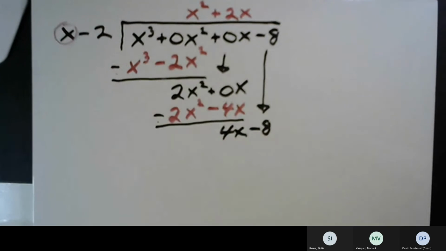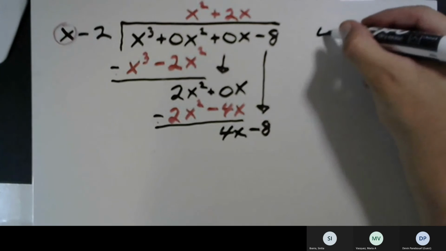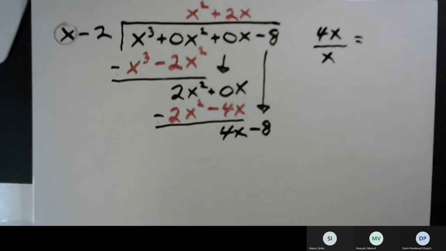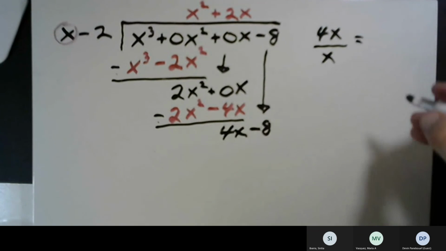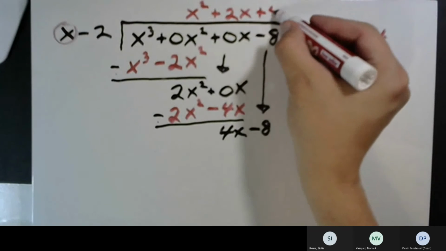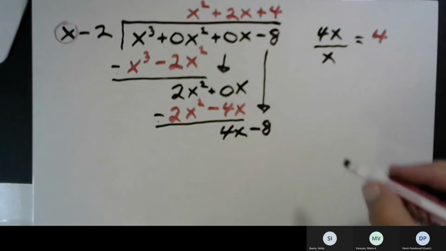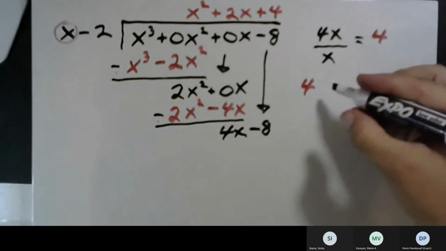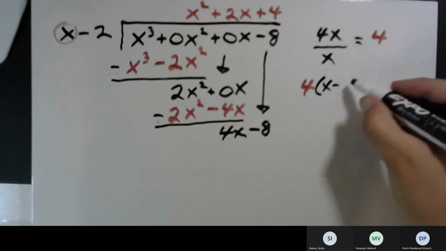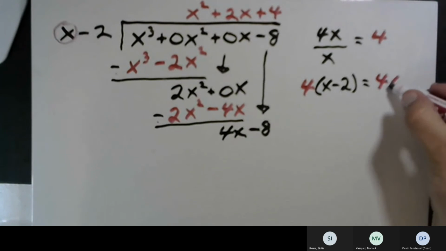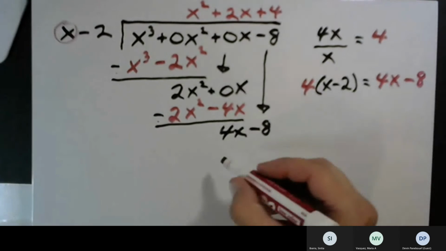First term, first term. We get a +4. A +4 times the divisor, we get 4x -8.